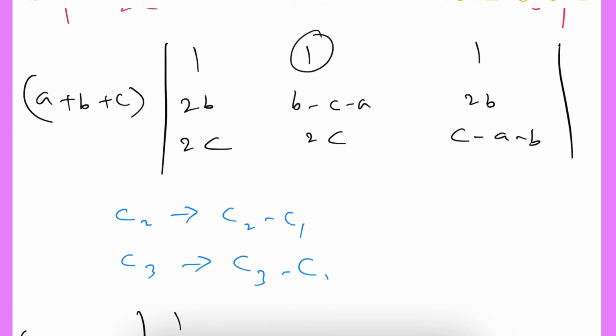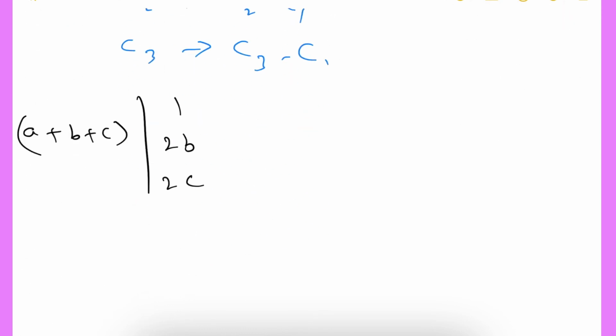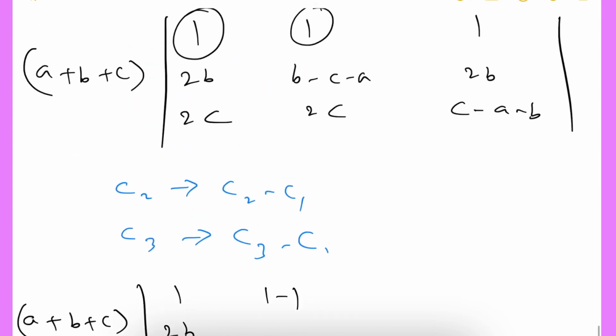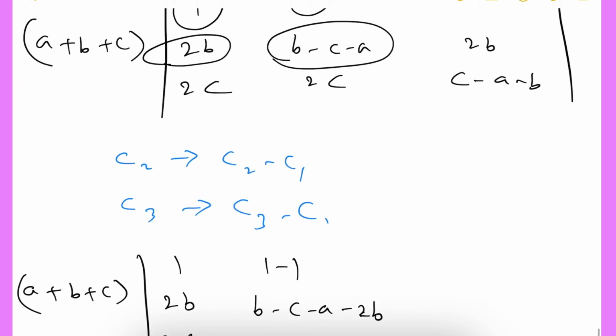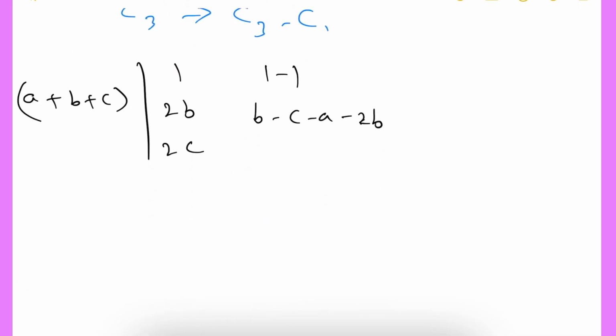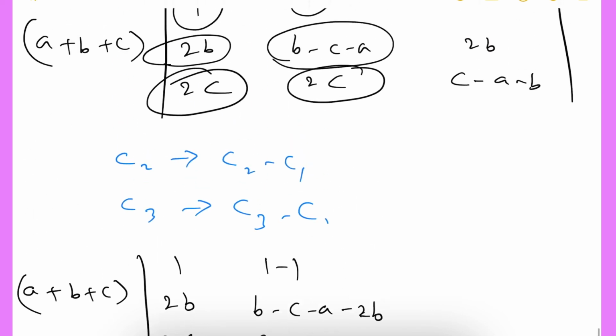It means 1 minus 1, then b minus c minus a minus 2b. The same with the third element, 2c minus 2c. Now let's move to the third column.